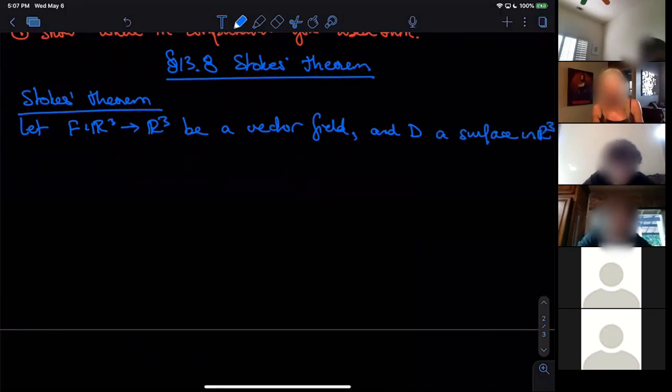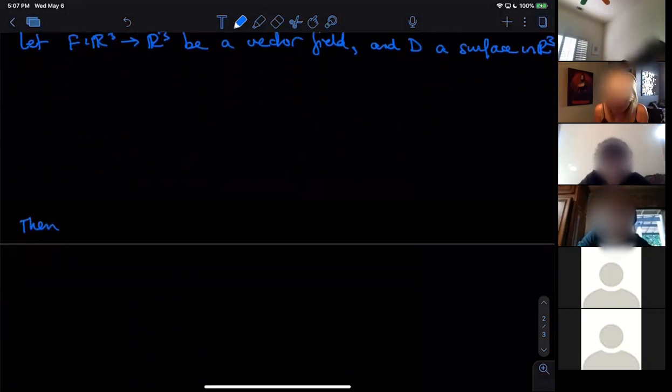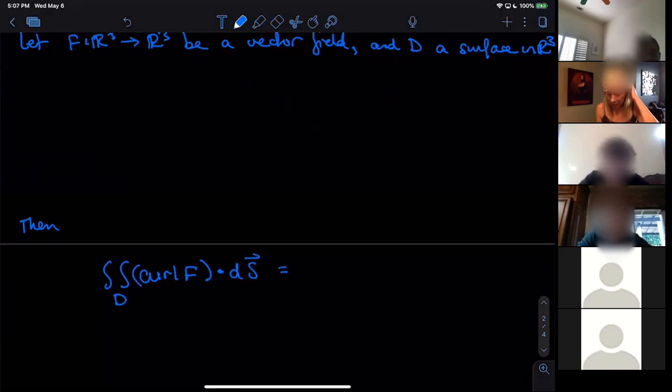Leave some space because I'm going to add some conditions in here, but not quite yet. Then the double integral over D of the curl of F dot dS is equal to something. Well, I'm going to take some time to unpack what it's equal to.